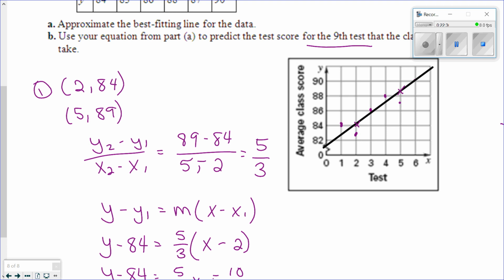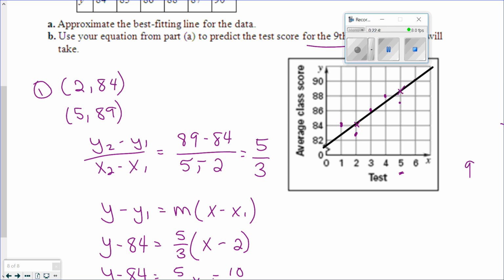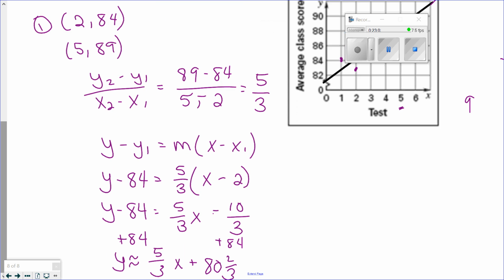Now the next question is to predict the test score for the 9th test that the class is going to take. So again, I have data points all the way up to 5, but my 9 is going to be somewhere over here. So something around here. So just so you can visualize it, just to make sure that your line actually makes sense. So to do that, I'm just going to use my equation where I have y approximately equals 5/3 x plus 80 and 2/3.